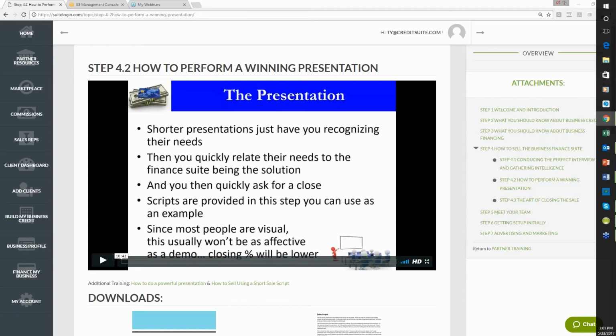There's gathering intelligence, getting the information you need to know what the person's hot buttons are, what they're interested in, basically the intelligence you're going to need to actually close the sale and do a presentation. There's the presentation aspect, where you're actually talking about features, benefits of the product, et cetera. And there's the close, the part where you're actually asking for the money, overcoming objections, and getting the deal closed.